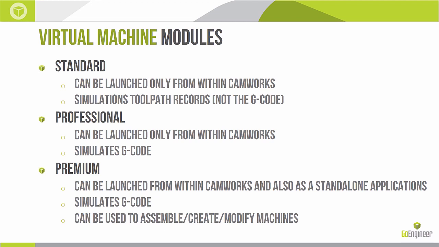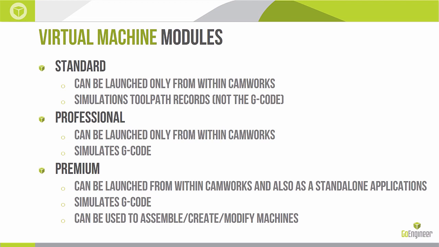The premium package is really for customers who are looking to simulate G-code files not only from CAMWorks, but maybe from some other CAM tools. So the premium package can be launched from within SOLIDWORKS, or it can be launched as a standalone application. It simulates the G-code files just like the professional package does.